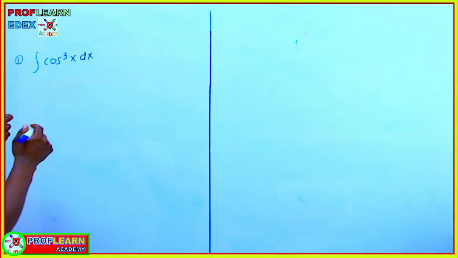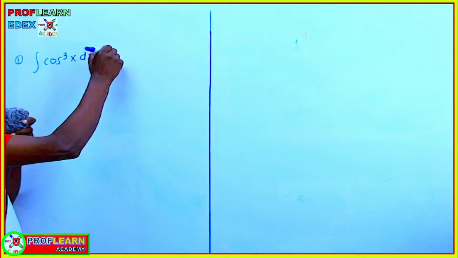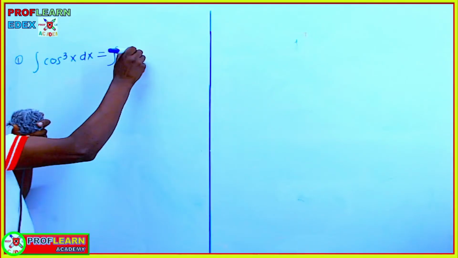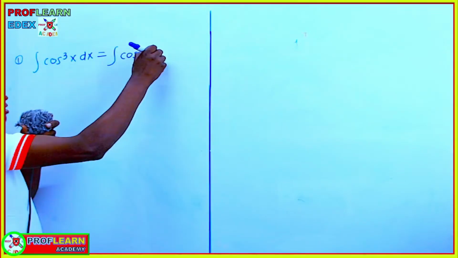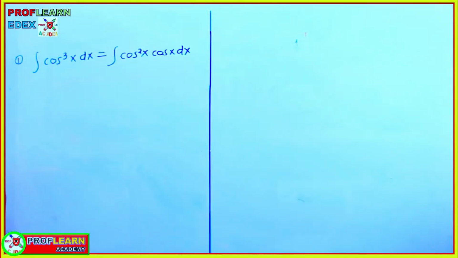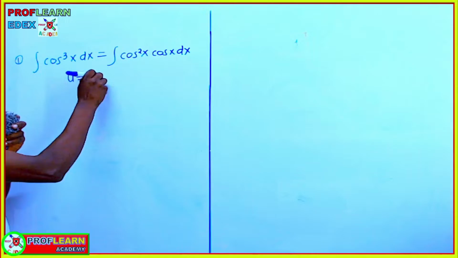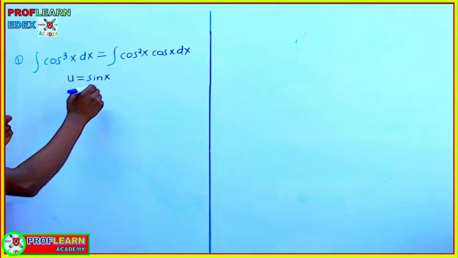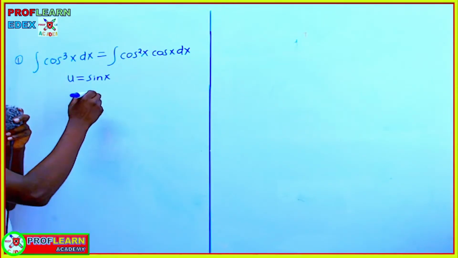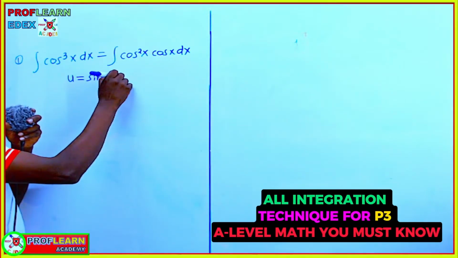But we are going to write this. We can express this as integral of cos squared x cos x dx, right? So that we are going to say our u is going to be sine x. Once you have u like that, we can substitute here, but we are going to find now du.